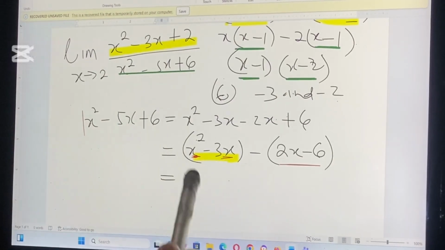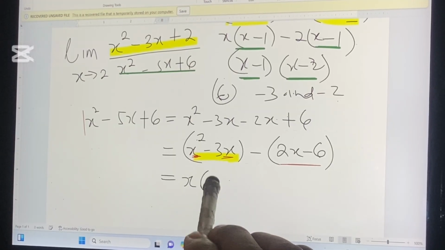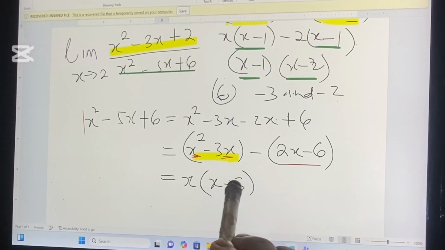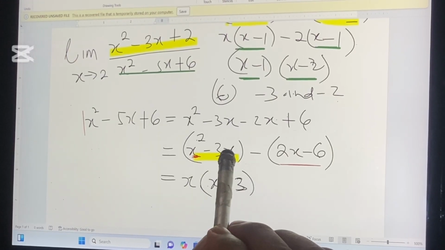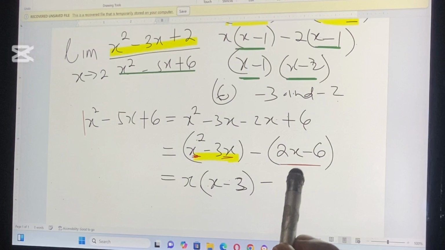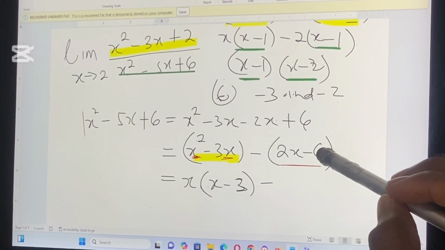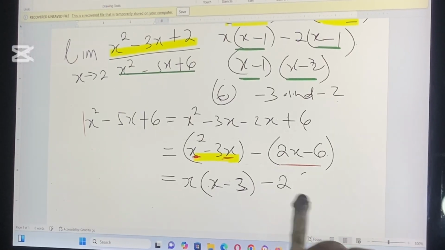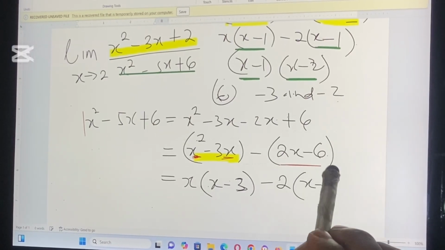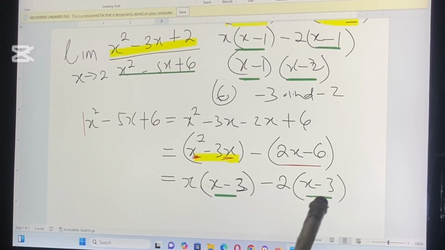When you do that, we have s into s minus 3. When you remove s here, you'll be left with 1s here. When you remove s here, you'll be left with minus 3. Now let's factor what is common here. 2 is common here, also common here, okay? Now when you factor out 2, I will have 2 into s minus 3. So both sides here, that is this and this, they are the same.